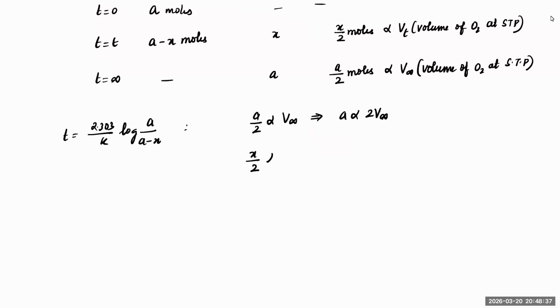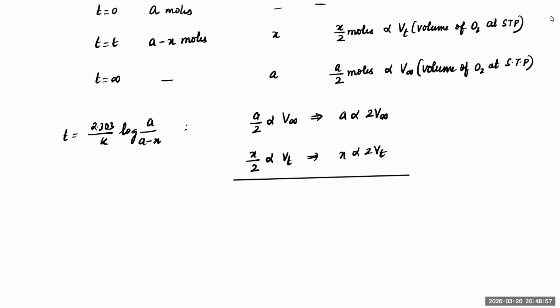Likewise, if X by 2 is proportional to Vt, X is proportional to 2Vt, which means if I take this as A by 2 minus X by 2, that will be proportional to V infinity, or let me put this as A and X directly.